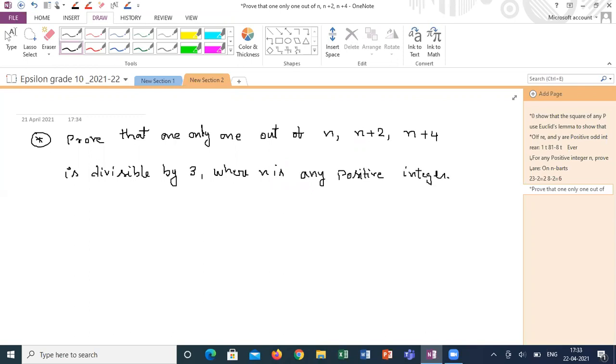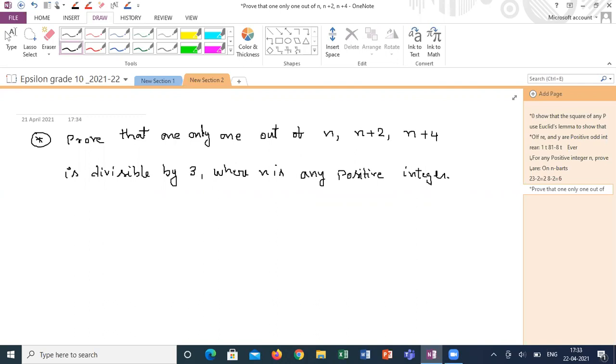Who is going to explain this numerical? He is clearly saying out of these three, only one is the correct one. Prove that only one is divisible by 3, where n is any positive integer.